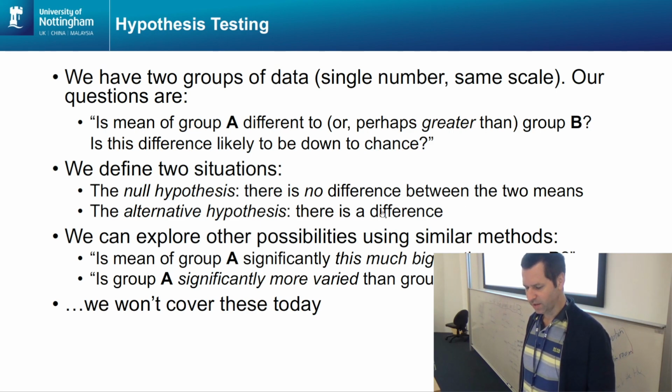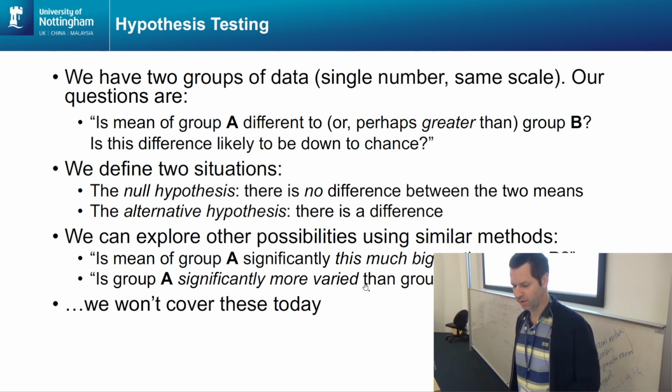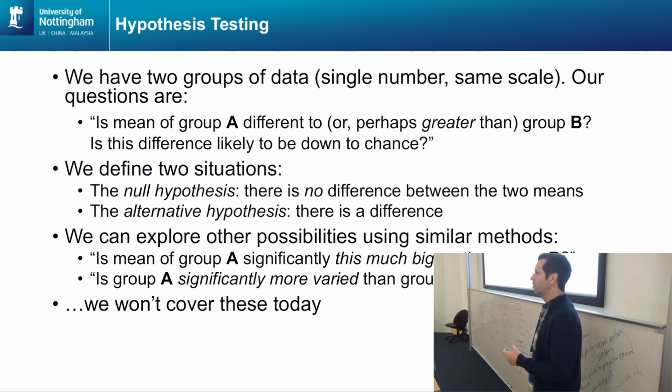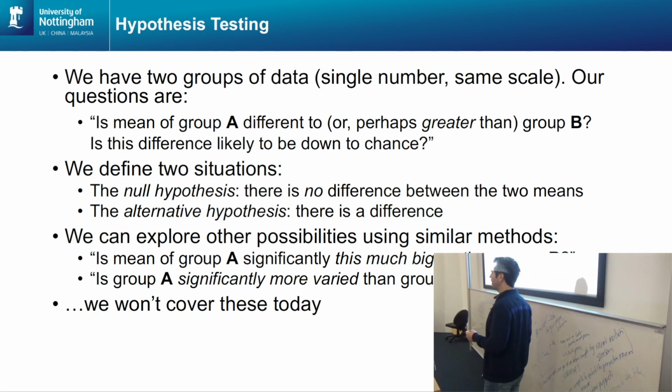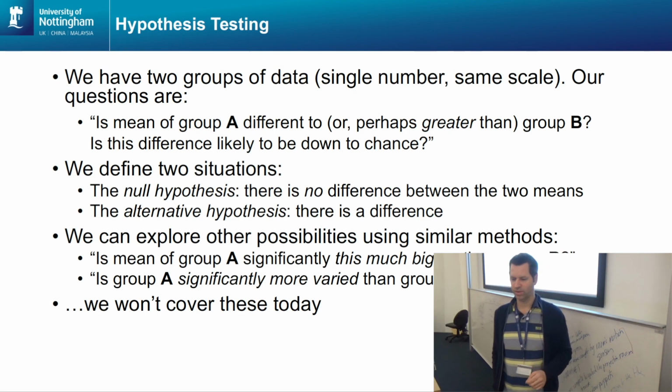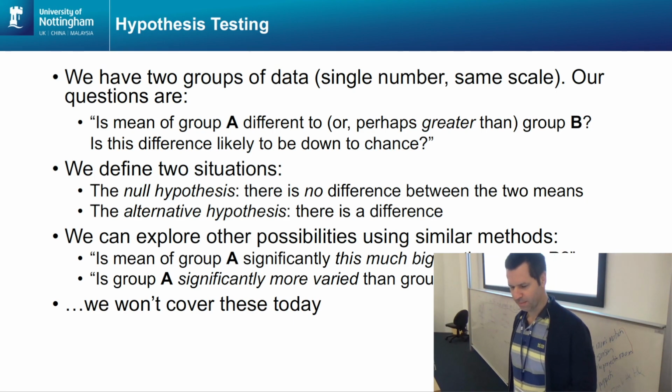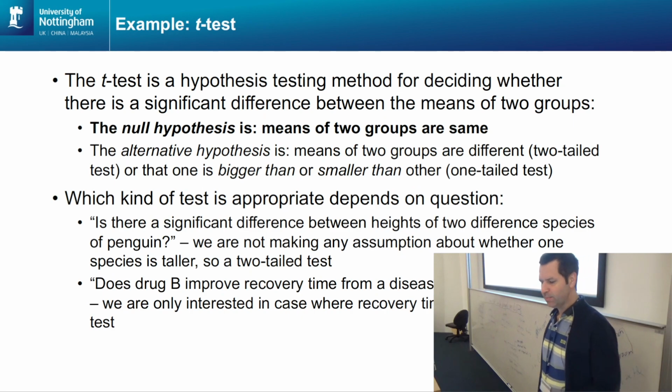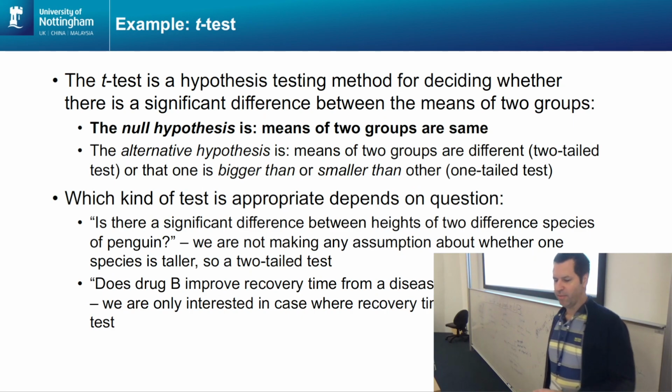We can test whether the mean of group A is significantly bigger than group B, or whether group A is significantly more varied than group B. Those are also possible hypotheses we can test, but we won't go into those today. So a very common example is the so-called T-test.